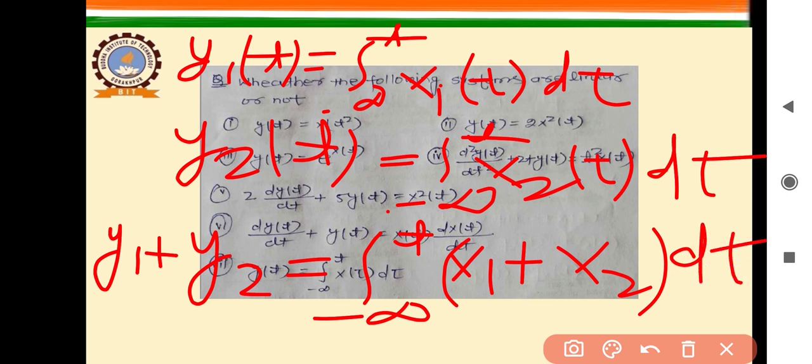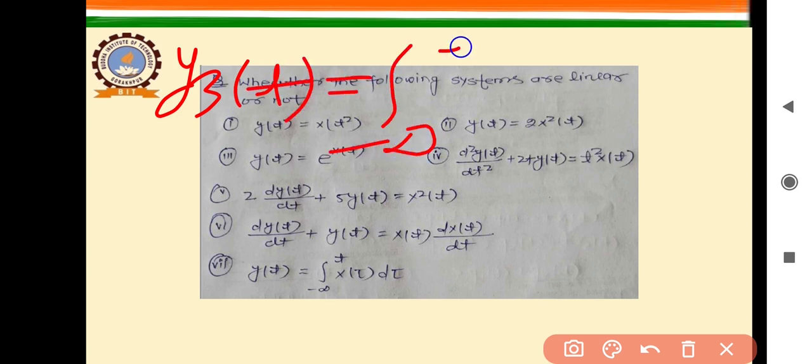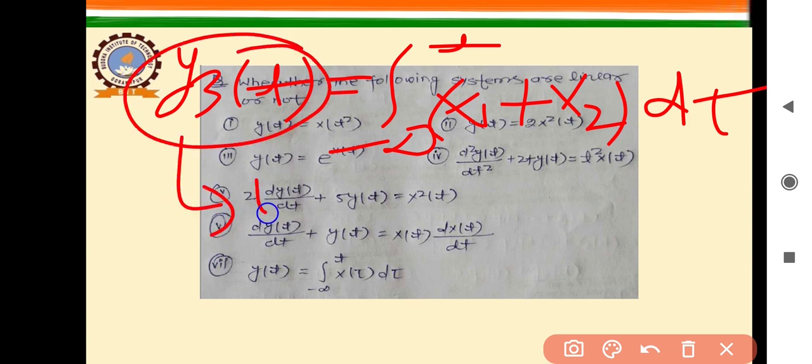In the next case, replace the variable x by x1 plus x2, we will get y3 t is equal to the integral from minus infinity to t of x1 plus x2 d tau. Here y3 t is the same as y1 t plus y2 t. It means that the given system follows the law of additivity.